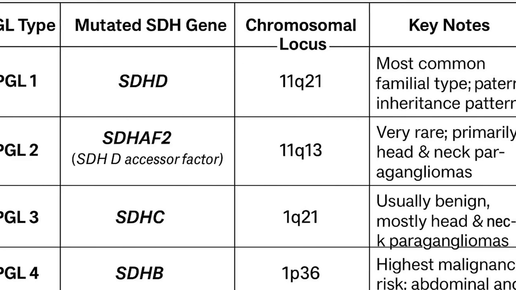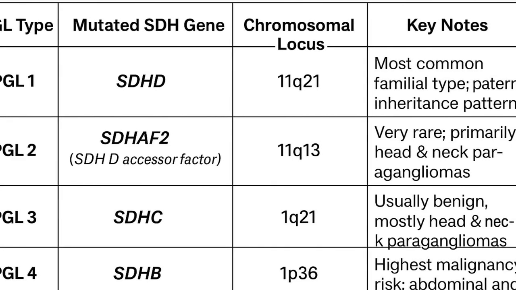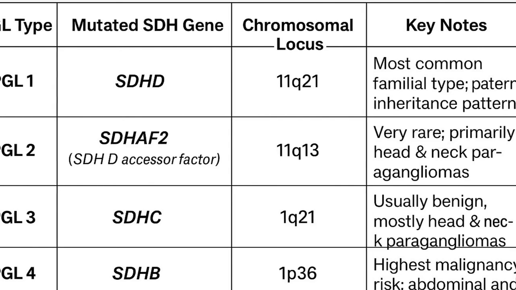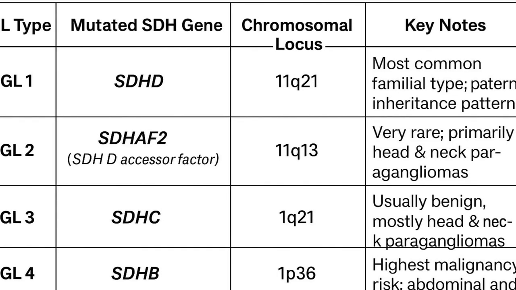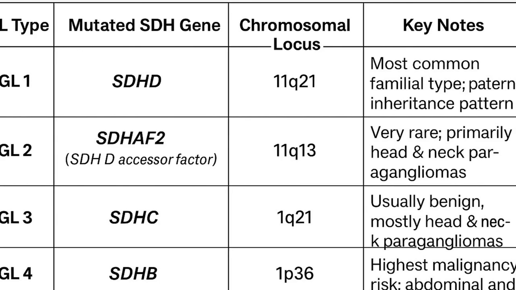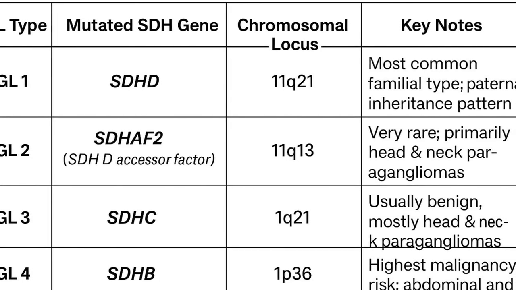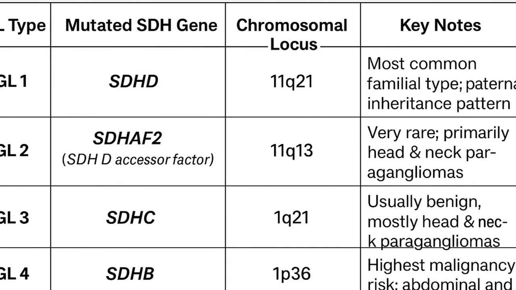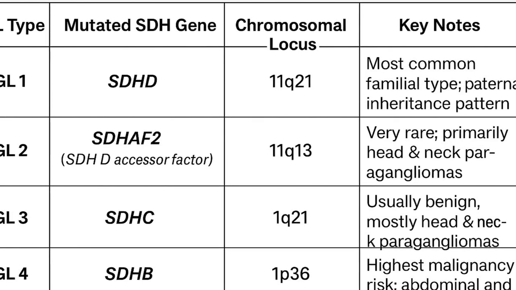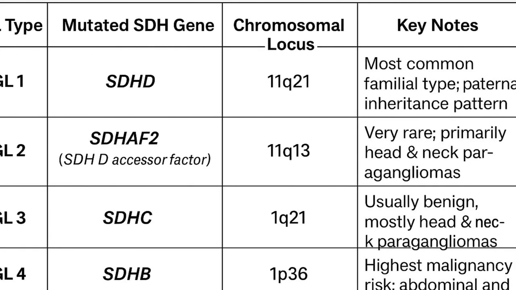The initial incidence of sporadic versus familial paraganglioma was sporadic 90% while familial was 10%. But the recent discovery of the succinate dehydrogenase complex linked to familial pheochromocytoma or paraganglioma syndrome leads to at least 30% being the familial type of paraganglioma.